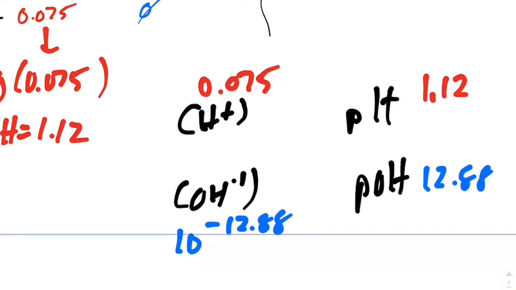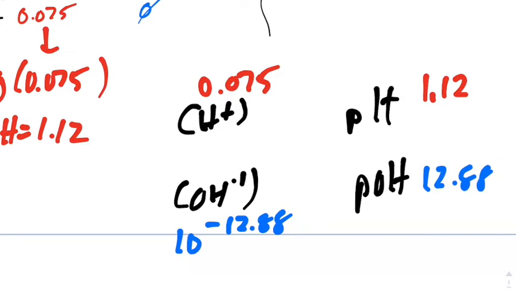Or I could have calculated the concentration of the OH negative by dividing it into 1 times 10 to the negative 14. So if I get my calculator out here, sorry about that. Here I go. So this is going to be 10 to the negative 12.88.